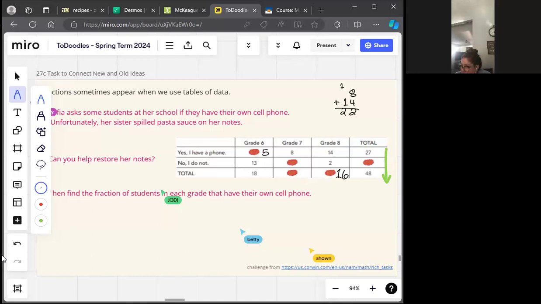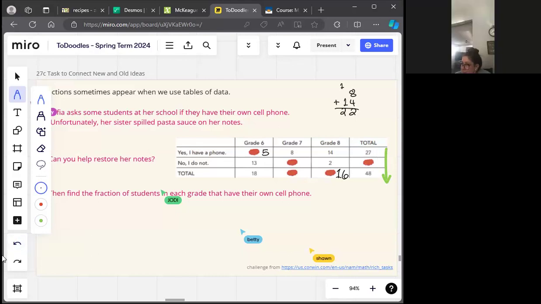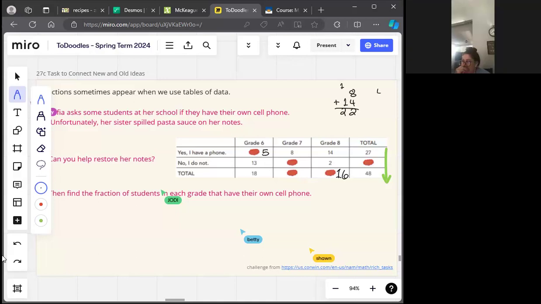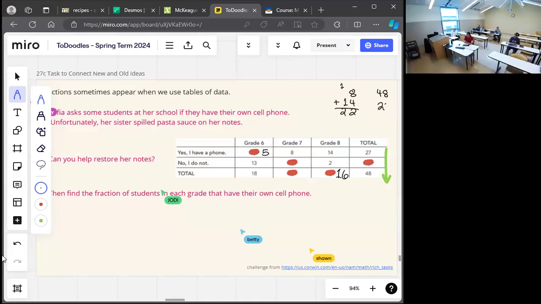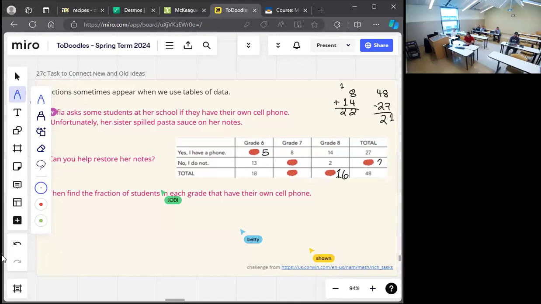If I'm looking at the difference between 27 and 48, that's subtraction. So 48 minus 27: 8 minus 7 is 1, 4 minus 2 is 2. So this red spot there looks like it's going to be 21.